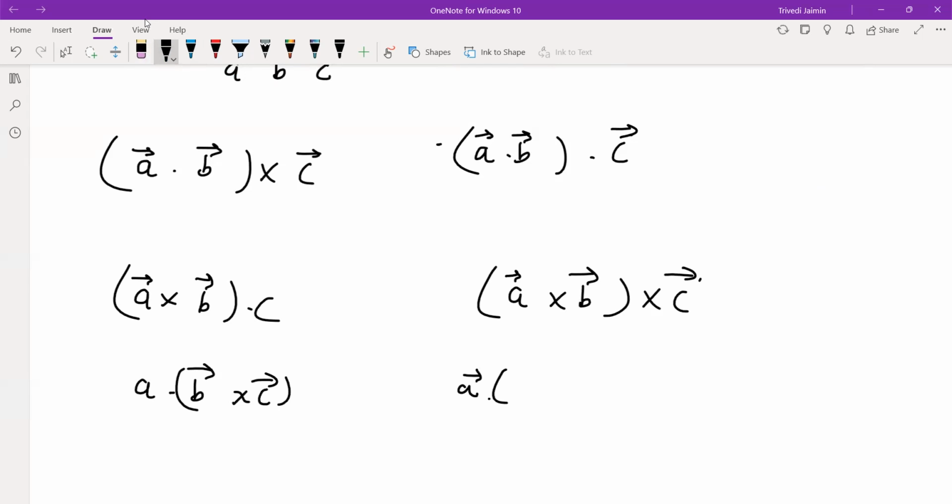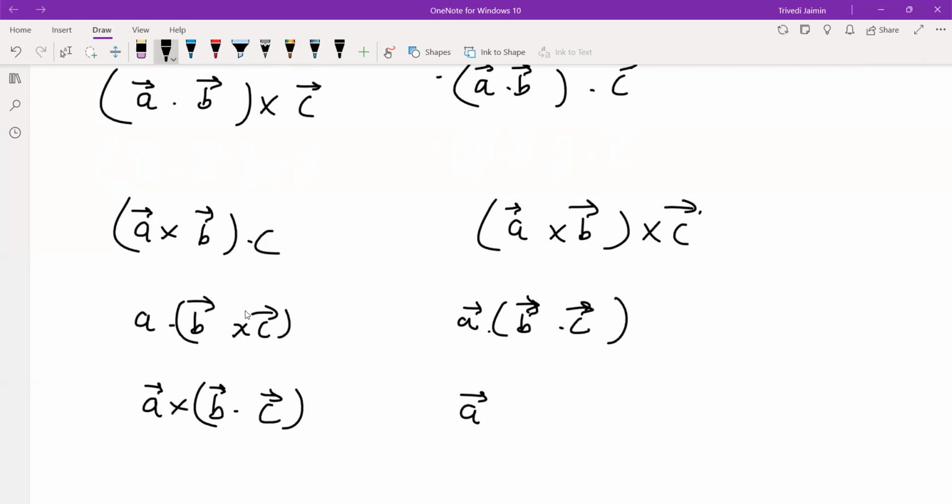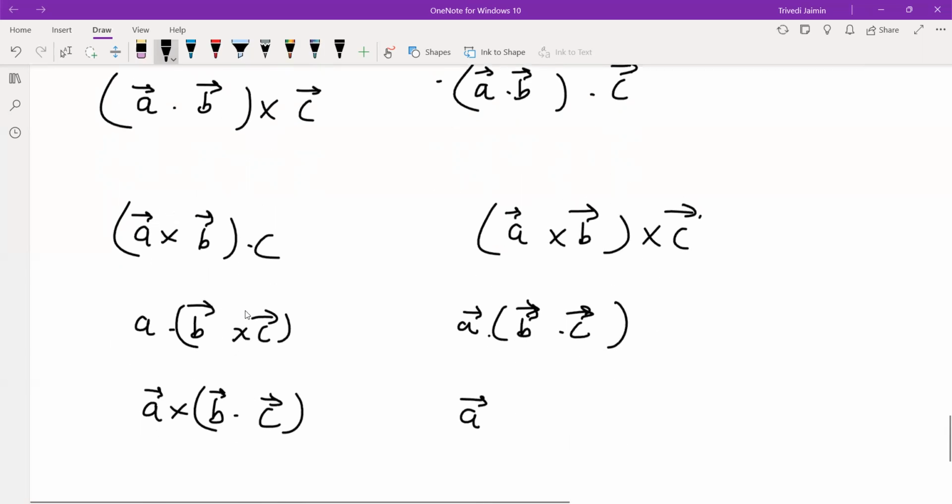A cross B dot C vector. And some more examples: A cross B dot C in bracket. Then A cross in bracket B cross C.